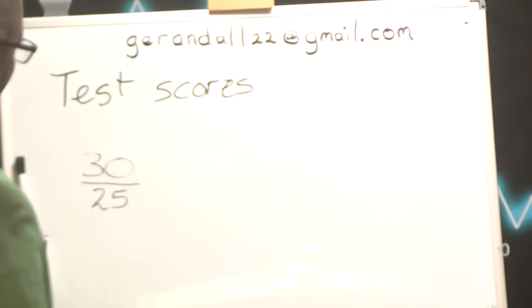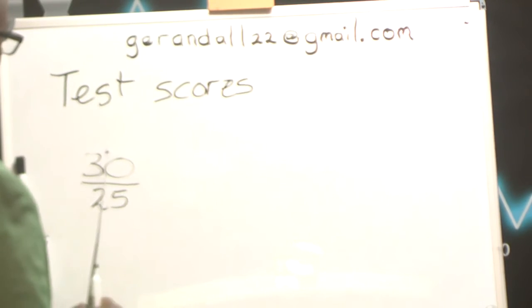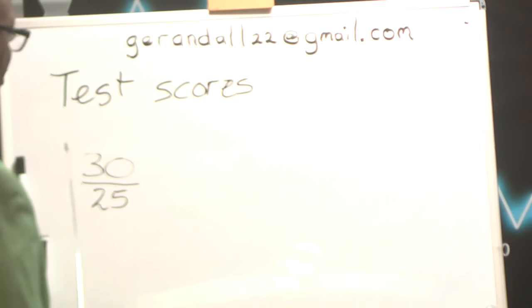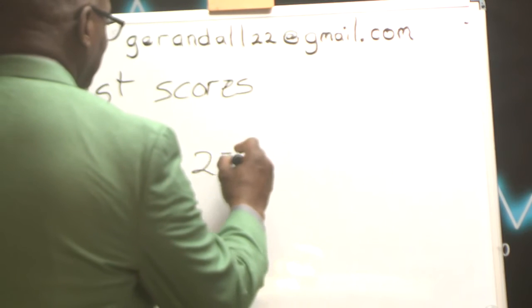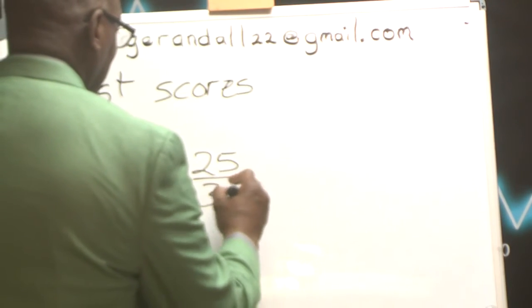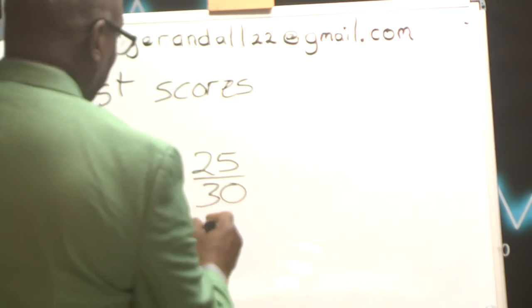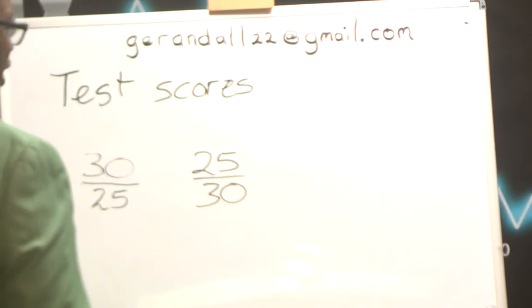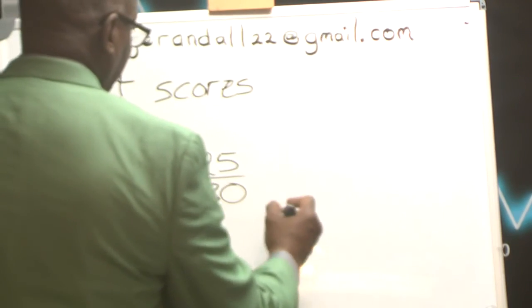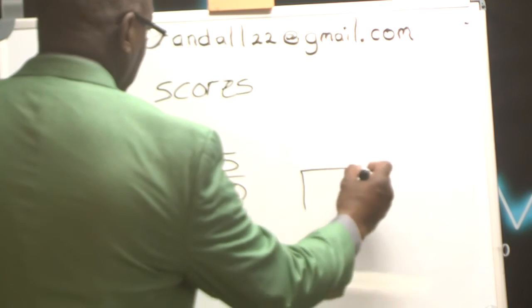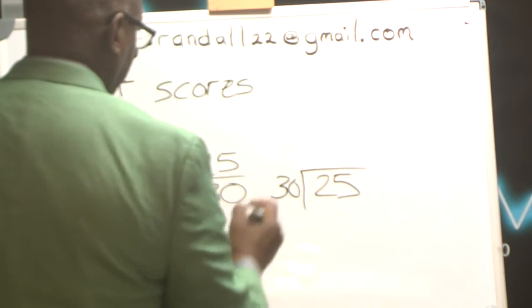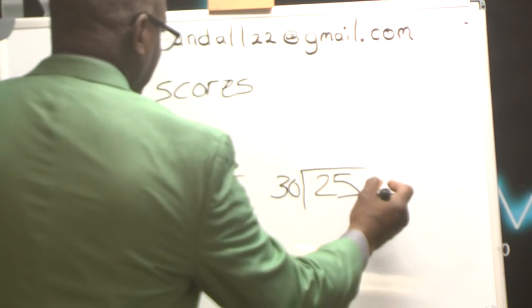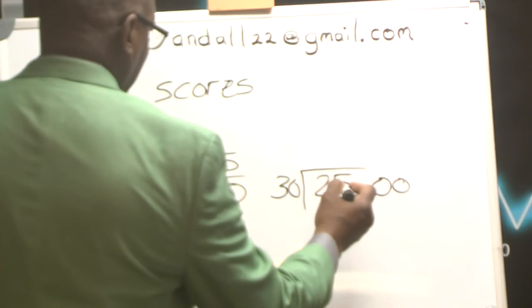And the way we do this is, again, we set up a problem where it says 30 divided by 25. I'm sorry, I wrote that incorrectly. Out of 30 questions, we got 25 correct. And that's a division problem. So 25 goes in the house, because that's what that says. Let me put a decimal, because 30 cannot go into 25.